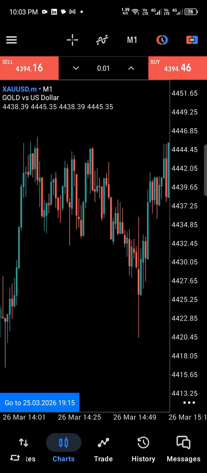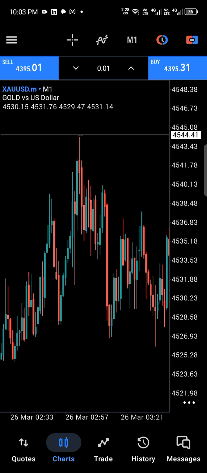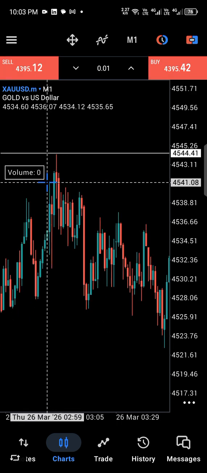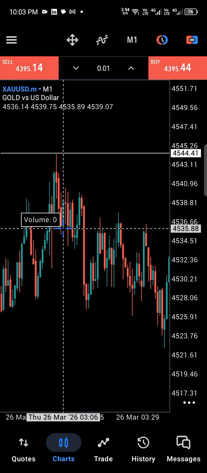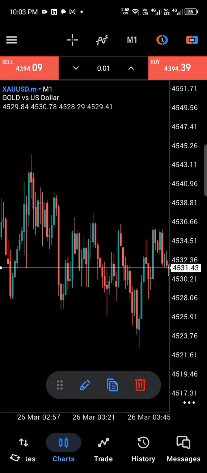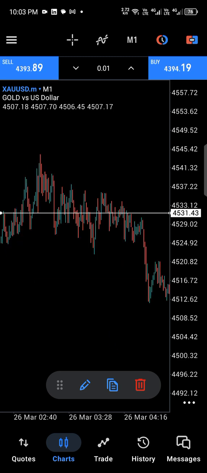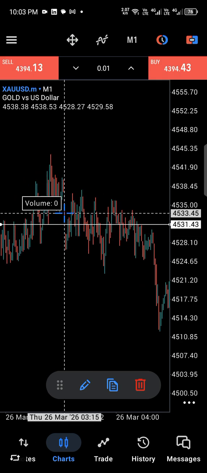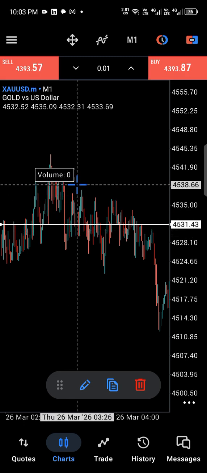So let's see, where is it? Here it is. Liquidity swept, change of character, you see, change of character here, came back, fake sell, swept, came back again.